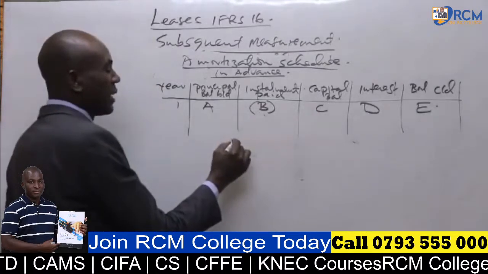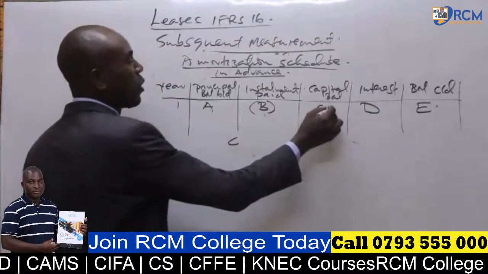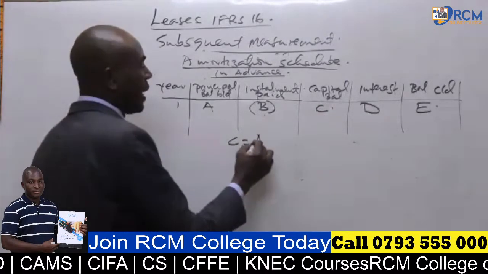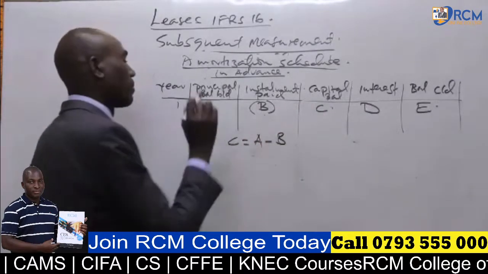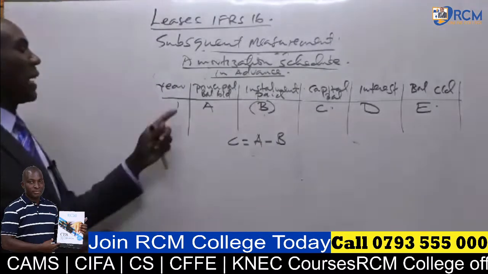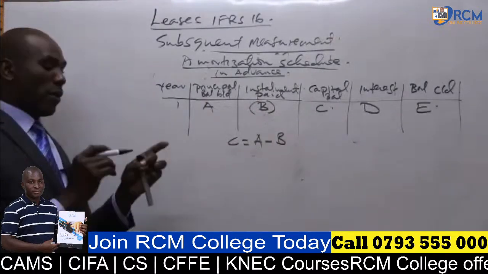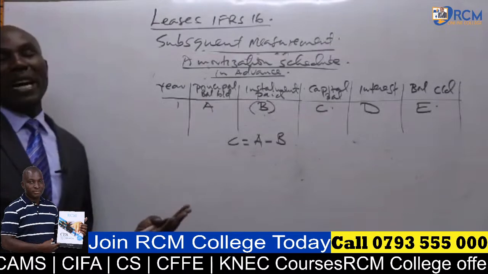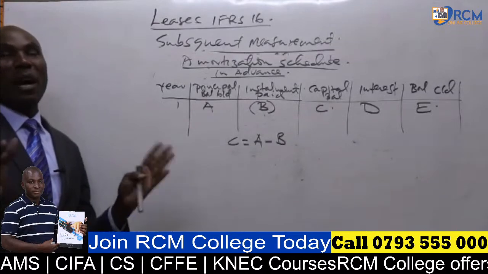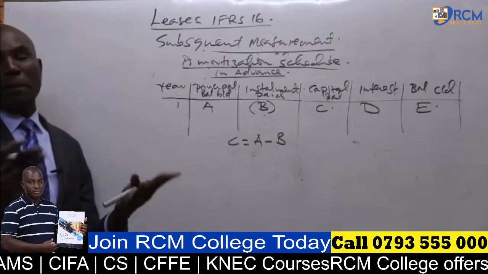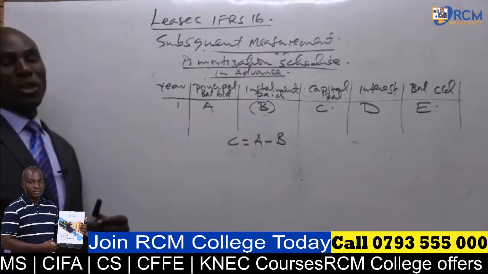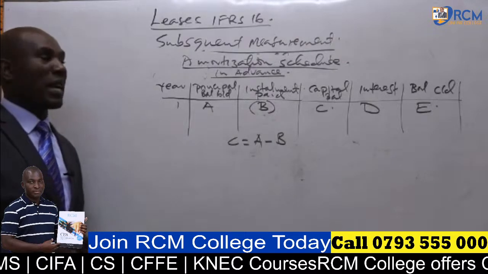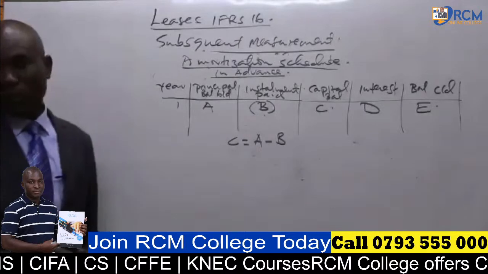I will say C, this capital balance, equals A minus B. A, for example, the value of the asset is 200. Then out of that, I'm paying 1 million. That is the installment, money I'm paying out as lease rentals.